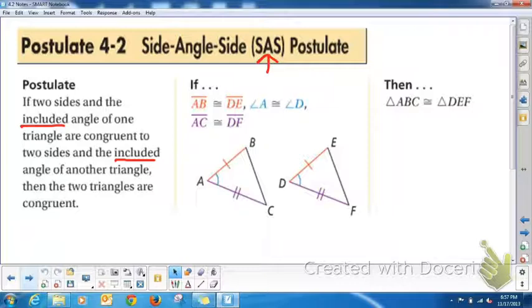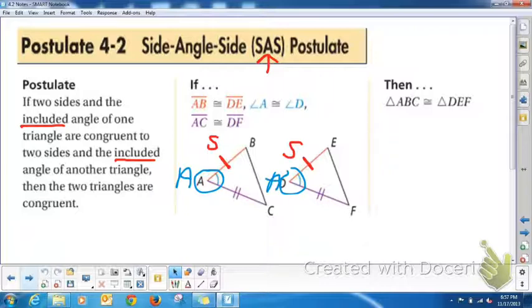So if in this triangle AB is congruent to DE, so that's a pair of sides, angle A is congruent to angle D, so that's an angle.